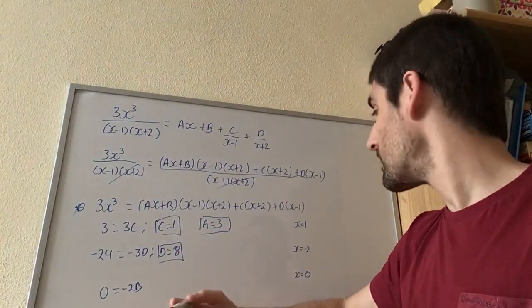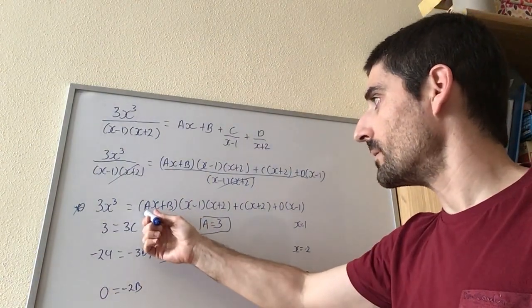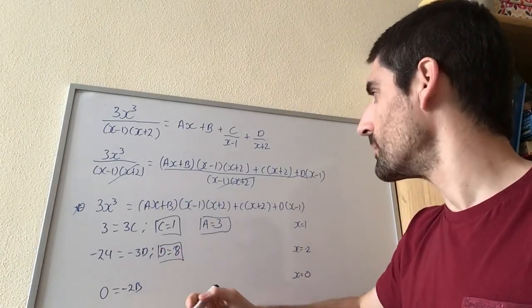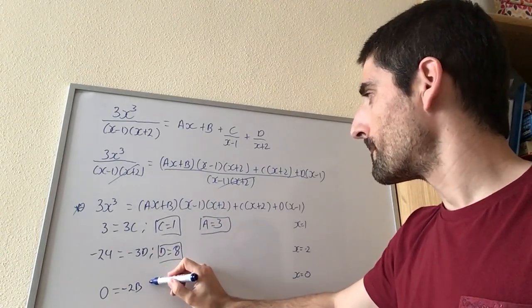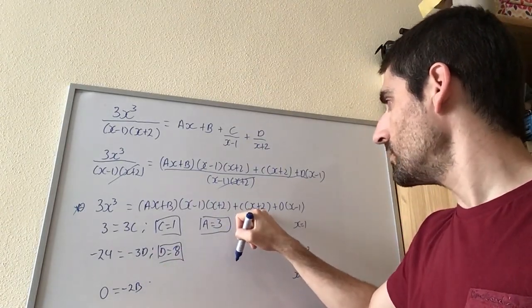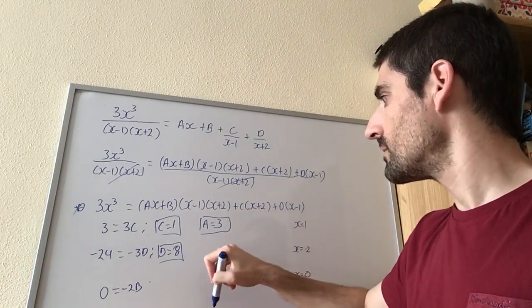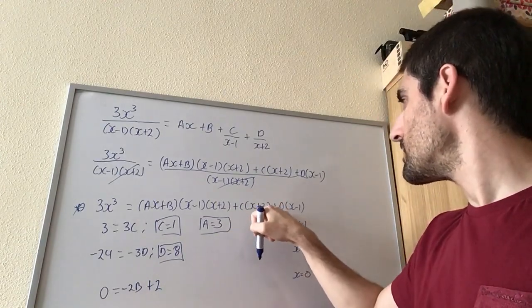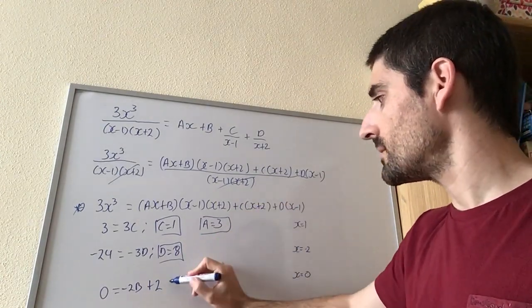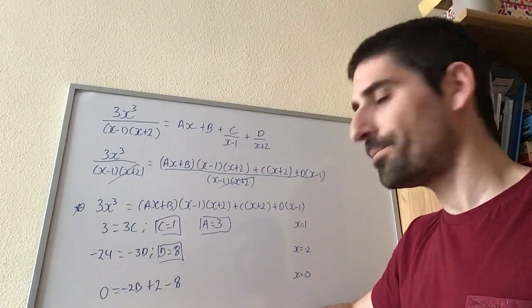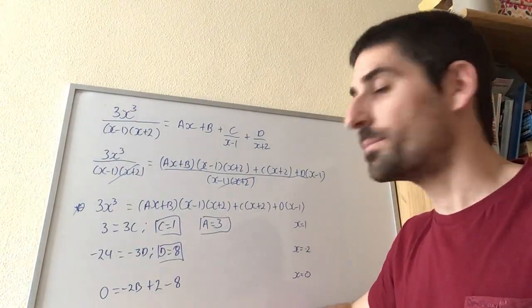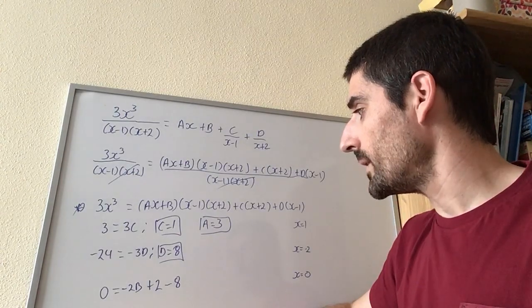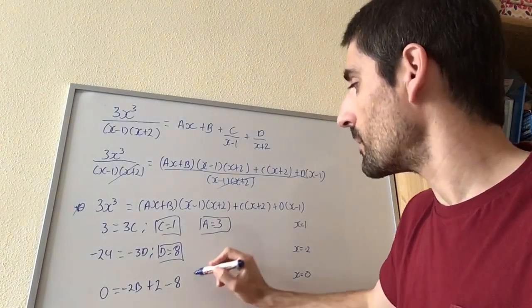Go through the algebra. x is 0, so that becomes a 0. This is a minus 1 times a 2 is a minus 2 times b, minus 2b. 0 plus 2 is 2. 2 times c is 2, so plus 2. And then here, minus 1 times 8 is minus 8. We just solved that simple equation there. And what do we get? Minus 3. We get b is minus 3.